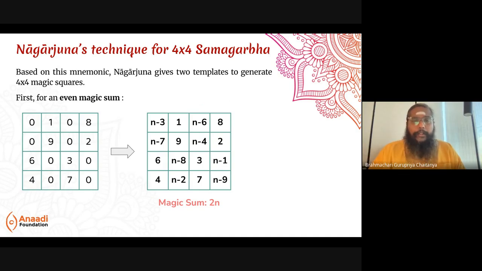Okay. So we are going to fill this entire magic square now, taking n as the value 8. And Nagarjuna is saying this kind of an arrangement will give the magic sum to be 2n, which means we'll get a magic sum of 16 in the square that we are going to construct now.